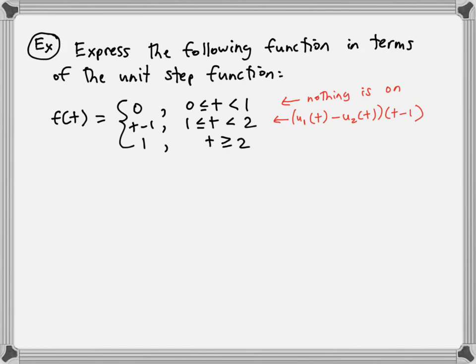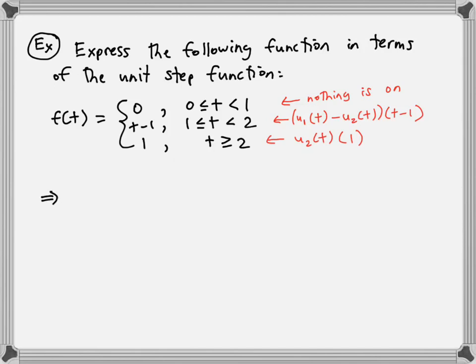What about this one? For this one, you're turning on the function 1 at t equals 2, but then you're never turning it off, right? So the way you would write it is like this. u2 of t, and I'll put a 1 here just to note that I did take it into account, but of course it's not going to matter. So because we got the following three pieces, you just add all three together, okay?